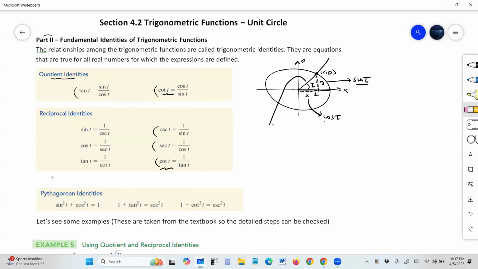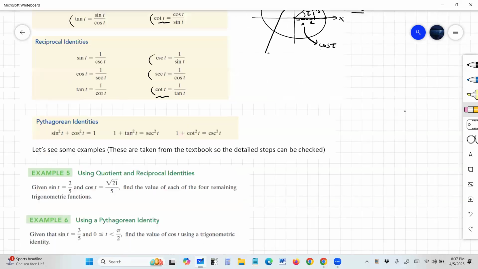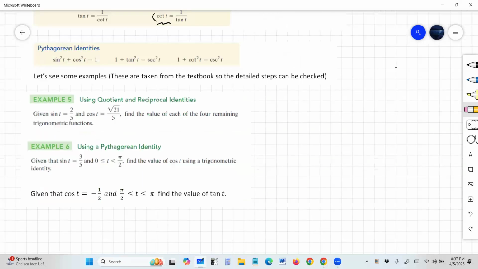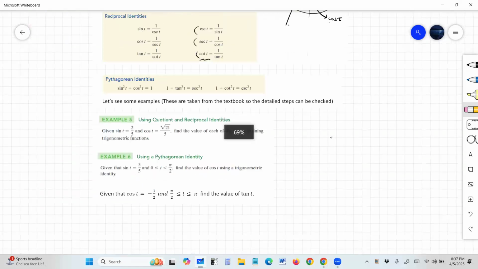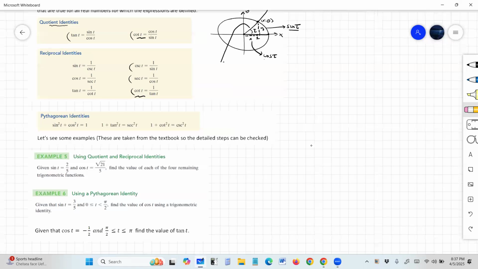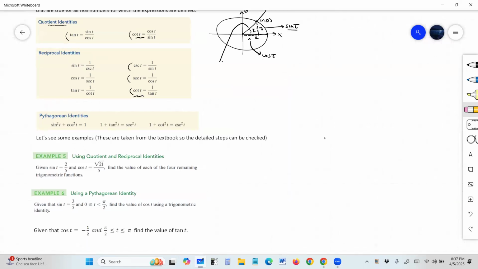So let's take a look at typical problems on this section, which is very similar to the ones before. Let me make it visible so that you can see the identities as we work on them. But now, instead of giving you a point, x and y on the unit circle, we are going to give you the value of sine and cosine, for example.